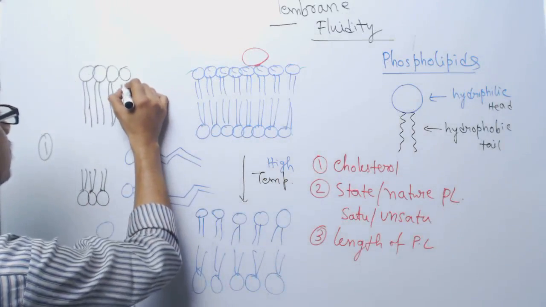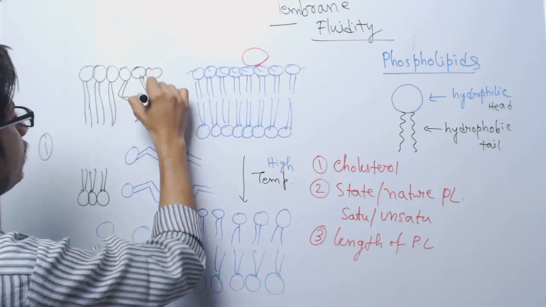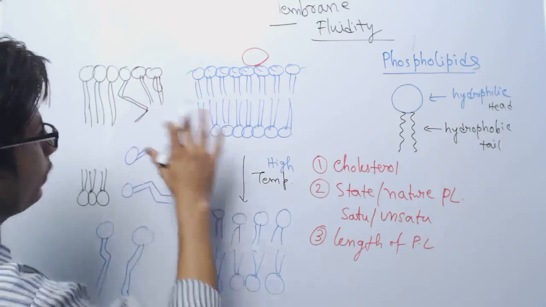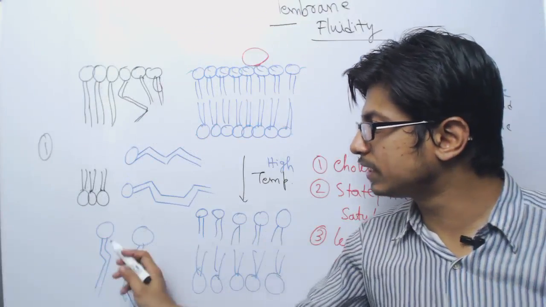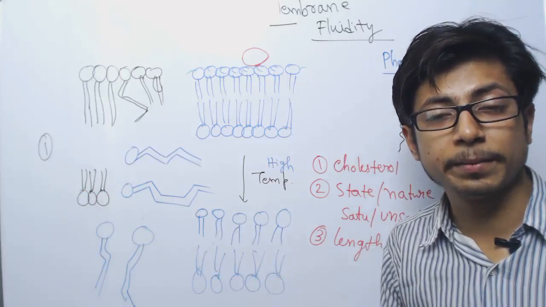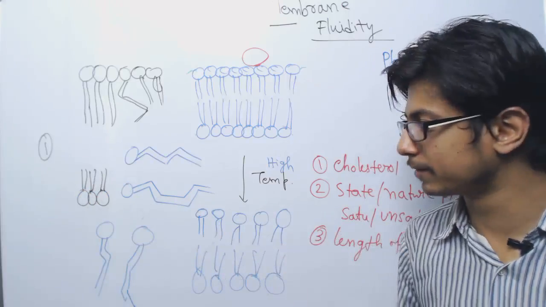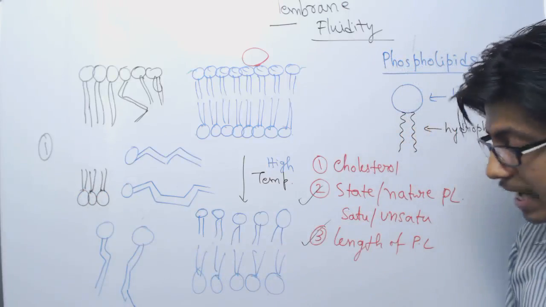Let's say here this is the unsaturated fatty acid, so it forms a kink like this, so the nearby organization will be gone. Okay, but if it contains more of this saturated one, in that case it will become more compact, the membrane structure will become more compact. That is the idea of saturated and unsaturated fatty acids.